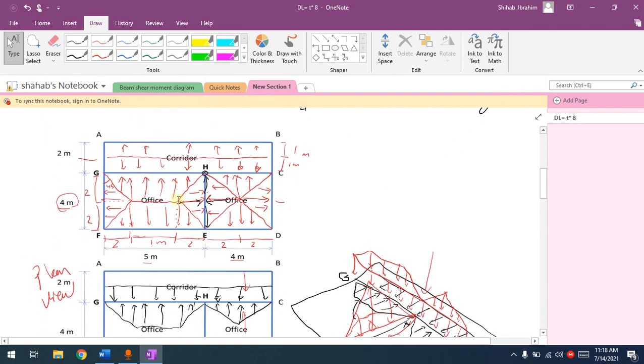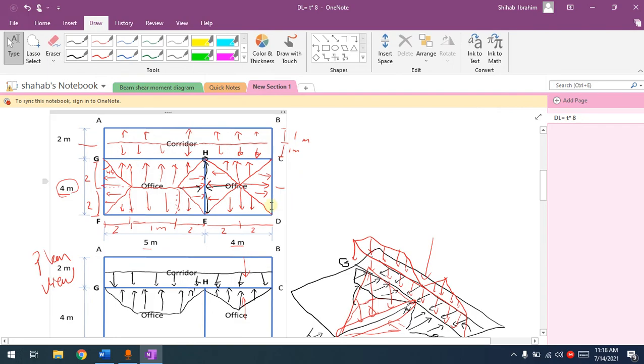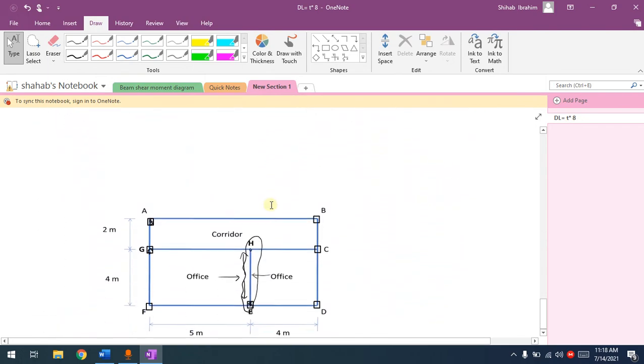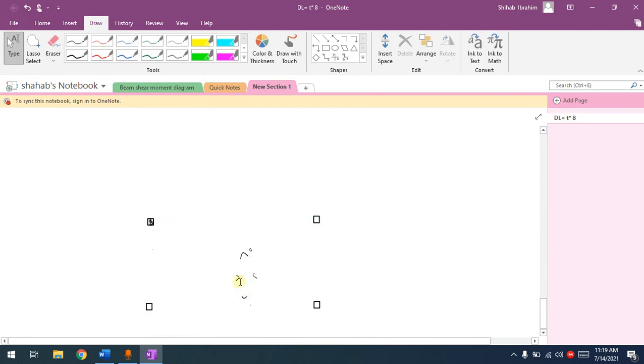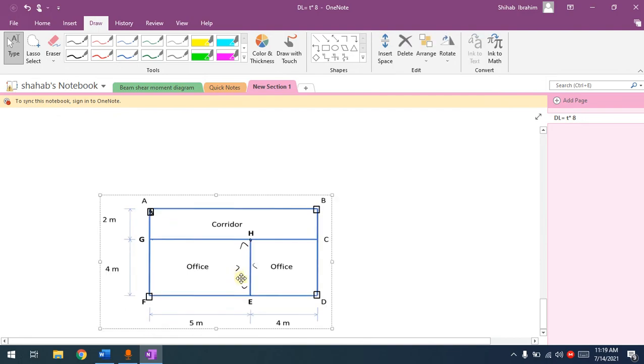If you want to practice, you can take the others. For more practice, try to remove this column here. For example, removing this column, even at G, I'll remove the column. So what we have to do here is only put 4 columns there, in order to understand that the beams will transfer the load after to who?